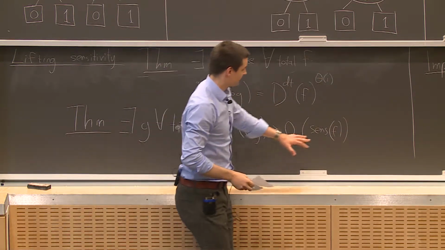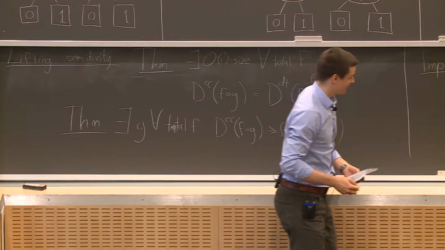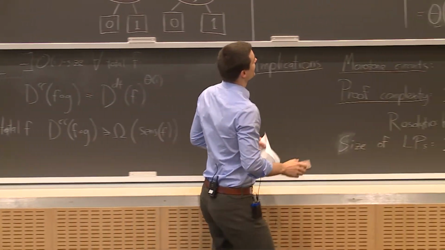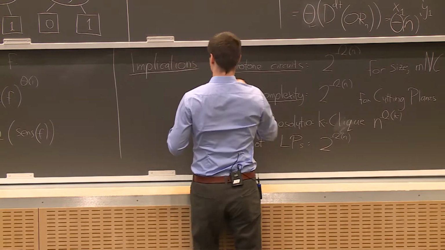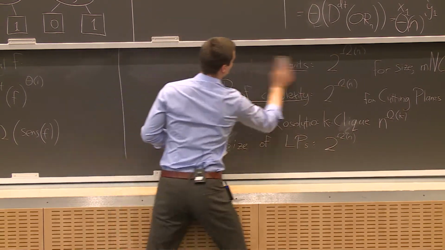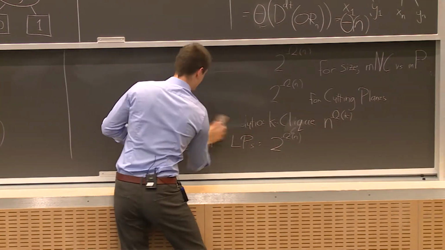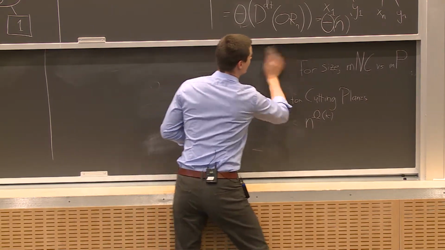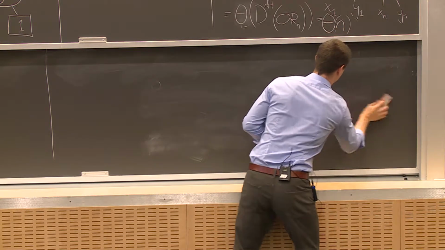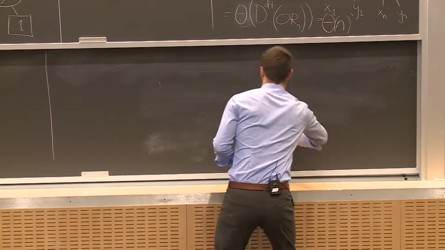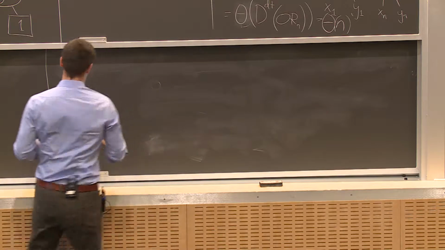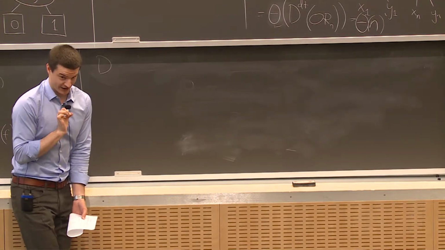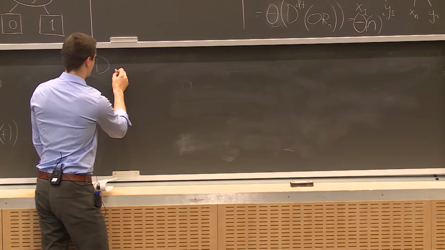Okay, so let me quickly define what sensitivity is in case you haven't seen it. The way this is defined is I first define sensitivity at an individual point in the Boolean cube.